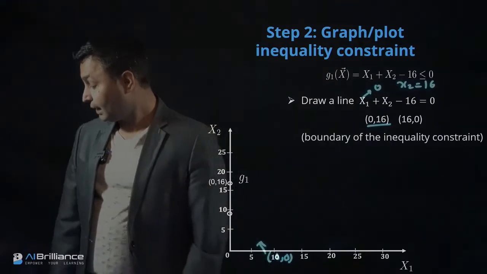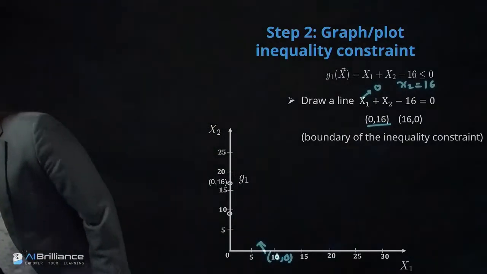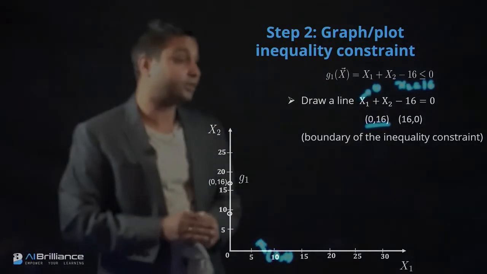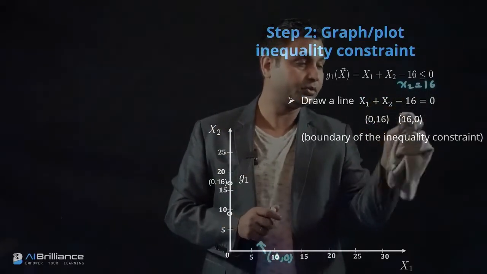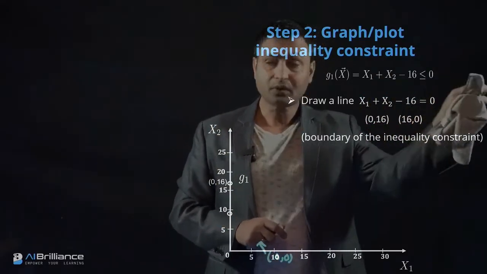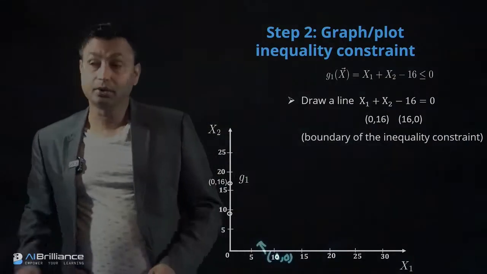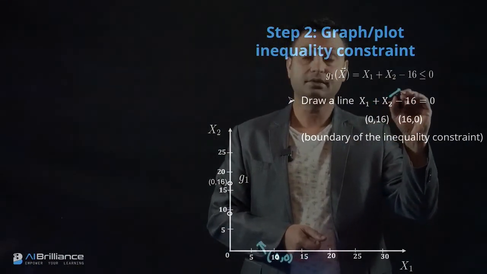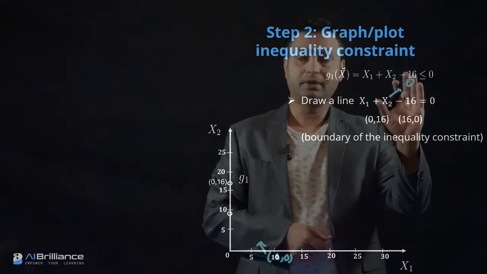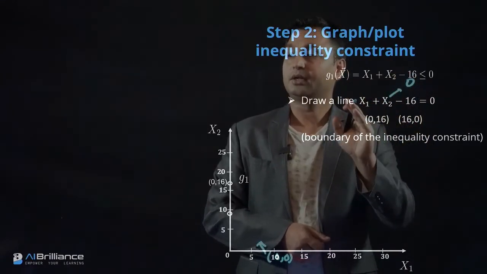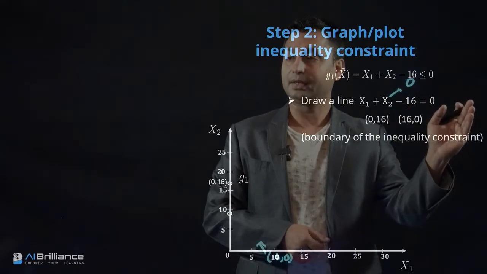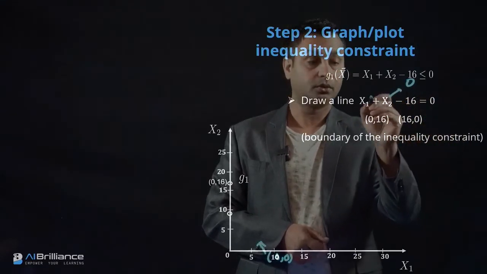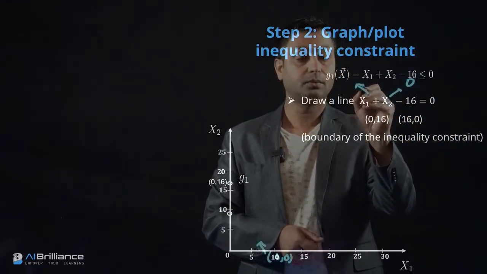Now we will try to find a second point on this line so that we can draw the line itself. Using the same idea, rather than setting x1 equal to 0, I can set x2 equal to 0. If this is 0, this term is gone, and x1 minus 16 is equal to 0, so x1 is going to be equal to 16.